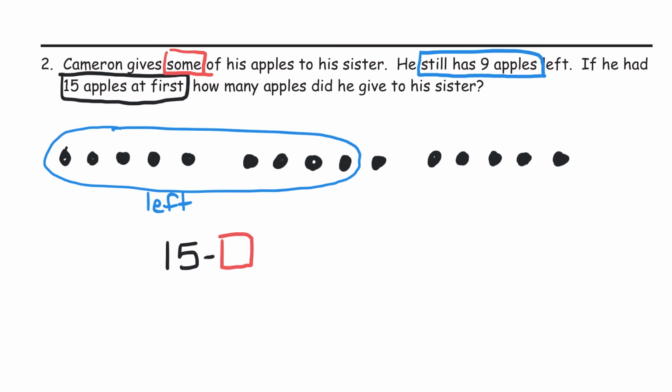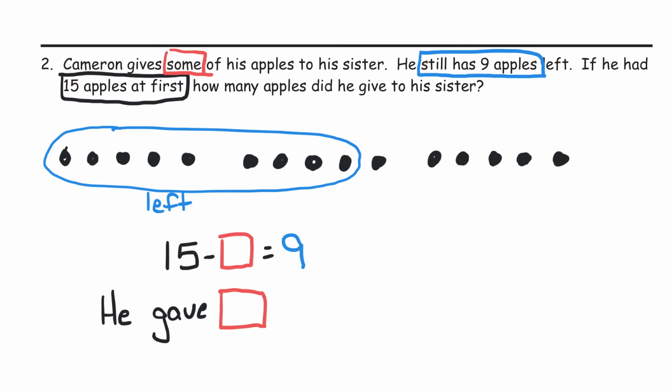And then we know that he has 9 left. And then I'm going to give you your sentence frame for writing out your answer. So he gave, and then we have our mystery number. So let me put our square there.